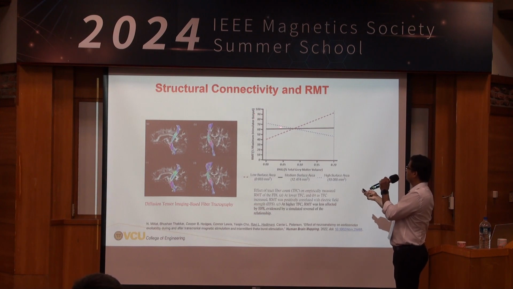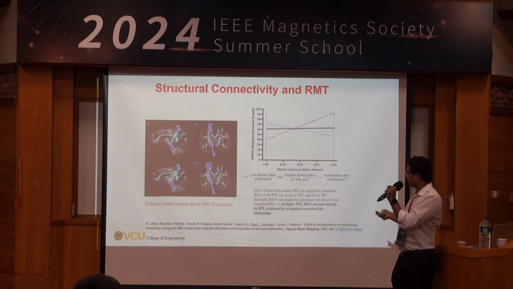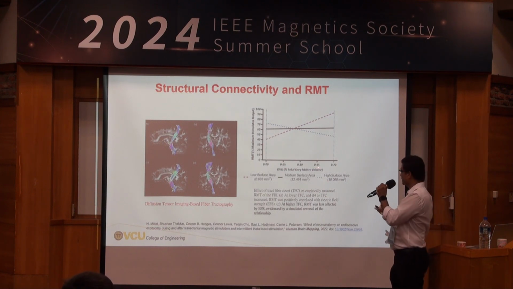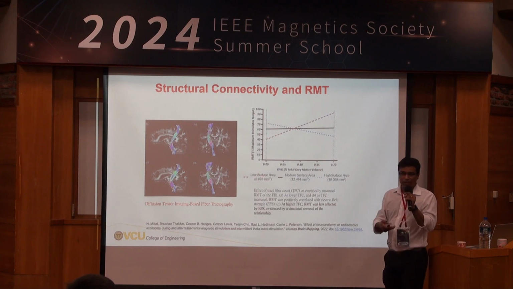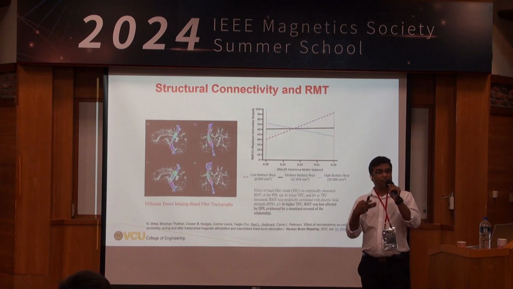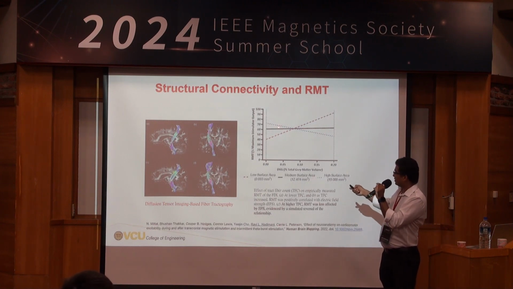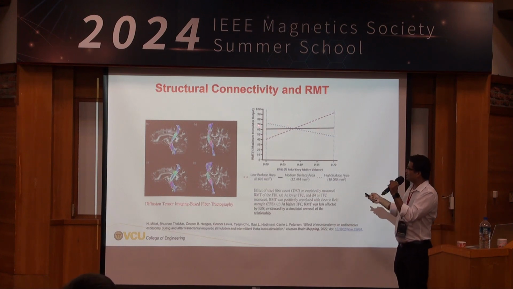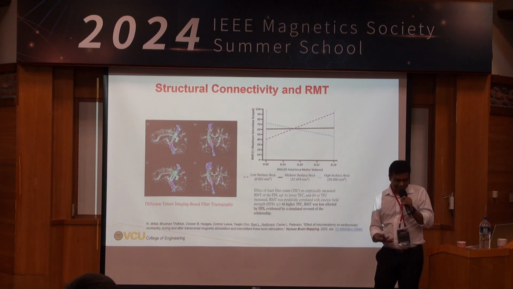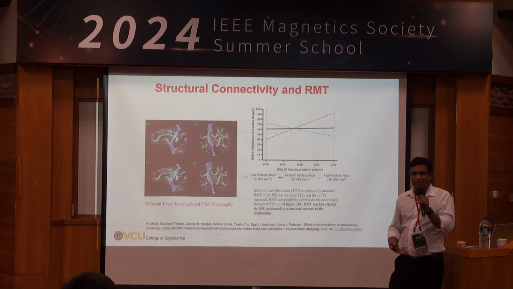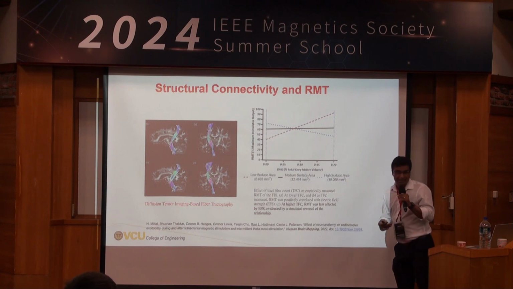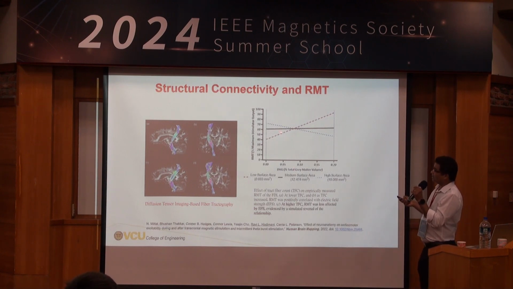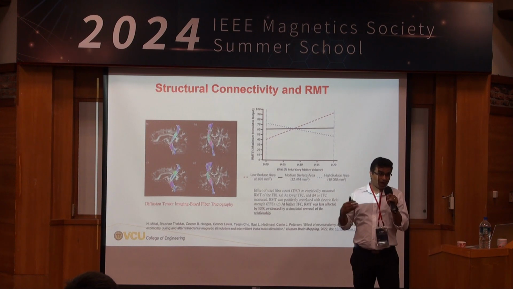As the RMT decreases, the volume of brain depolarizing, or volume of brain being stimulated above the threshold, decreases. But for lower surface area of the fiber tracts or the fiber density, the trend reverses. And for medium, it's not so, and also we had only 10 subjects, so it may not be indicative. There might not be a statistical significance here, but within these 10 subjects, we see wide variation.